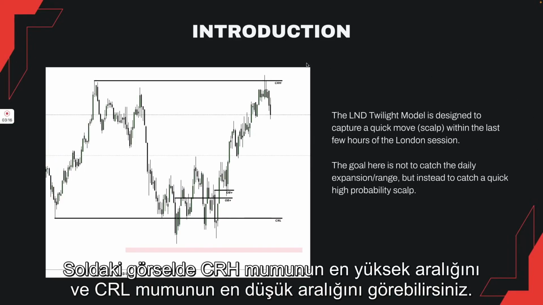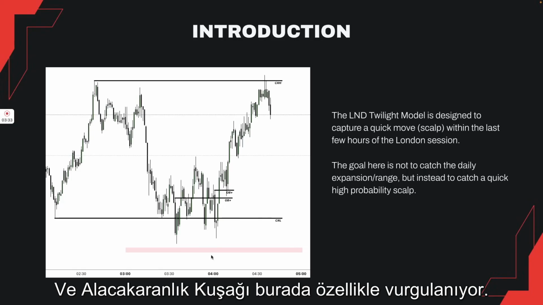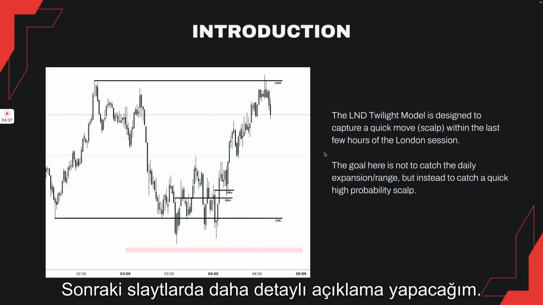In the image on the left, you can see a CRH, candle range high, and a CRL, candle range low. The London session from 1 a.m. to 5 a.m. And the Twilight Zone is specifically drawn out here. In the next few slides, I will explain more.